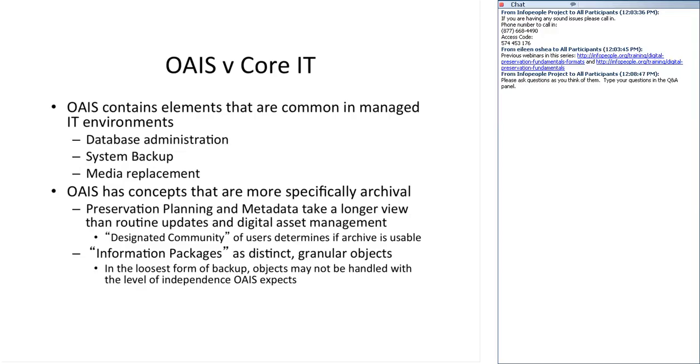And this is an area where, for preservation purposes, maintaining the integrity of the particular object and the metadata that relates to it is very important to us, and may not be a concern of core IT. Don't hear what I'm not saying. There are lots of IT system administrators and lots of IT setups that involve backup that for all intents and purposes meets our need for digital preservation. But be aware that the two concepts aren't synonymous with one another, and that there's some margin for disagreement between them.